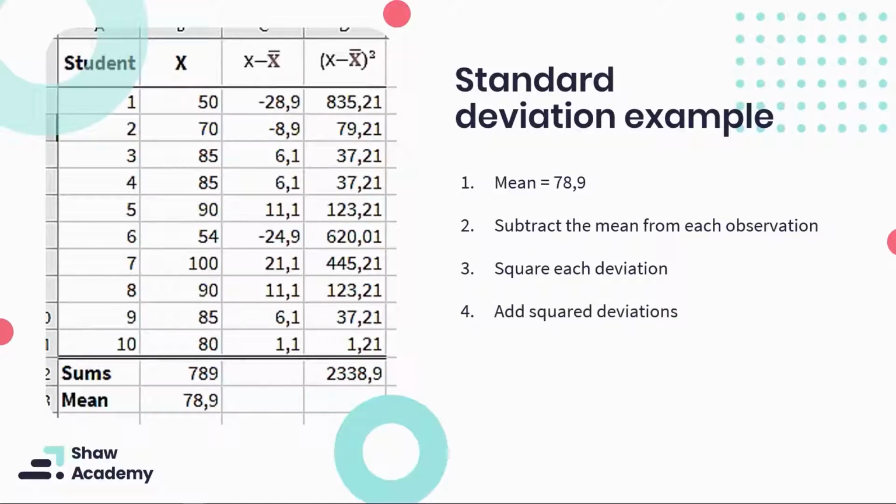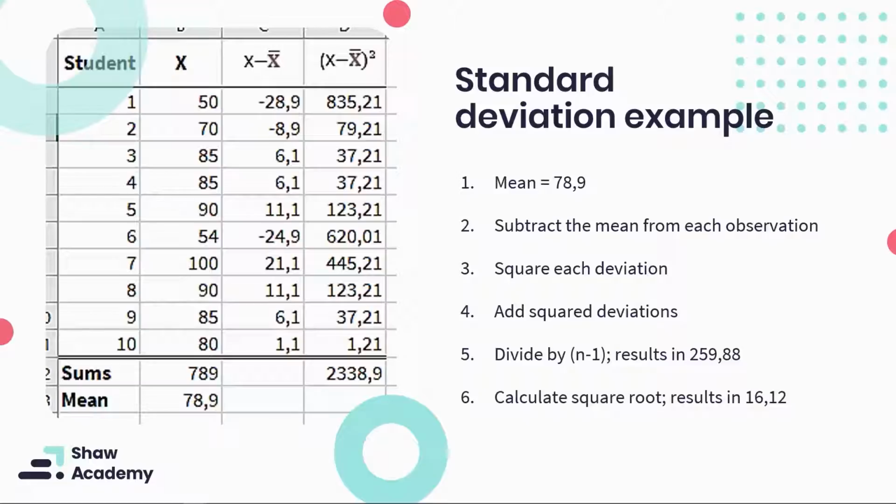Then we divide this result by n minus 1, and that results in a value of 259.88. This value is also our variance. So in order to get the standard deviation, we take the square root of this number and obtain a value of 16.12. The higher the standard deviation, the more spread out the data is from the mean.